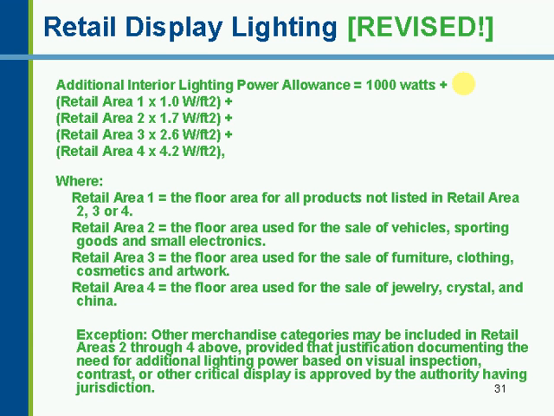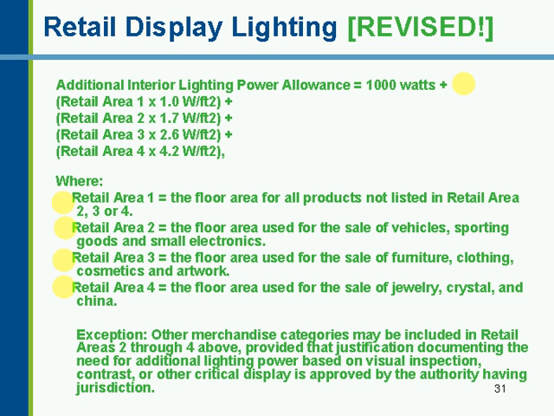So if you look at the detail, it says where retail area 1 equals, there's a description there of what type of merchandise applies to each of the areas. So retail area 1 is basically a catch-all for anything not listed elsewhere. And retail areas 2, 3, and 4 have specific merchandise types.